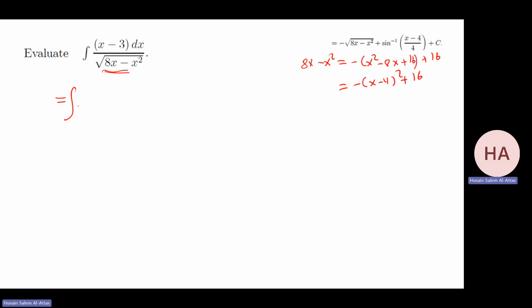So this expression is x minus 3 dx over square root of 16 minus x minus 4 squared. So I will let x minus 4 be 4 sine theta. So dx will be 4 cosine theta d theta.